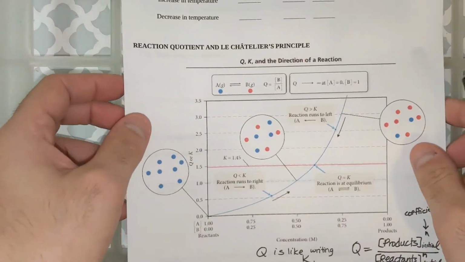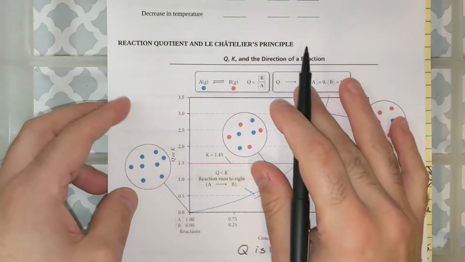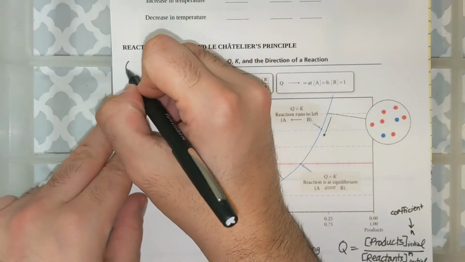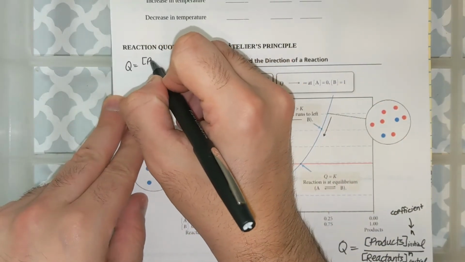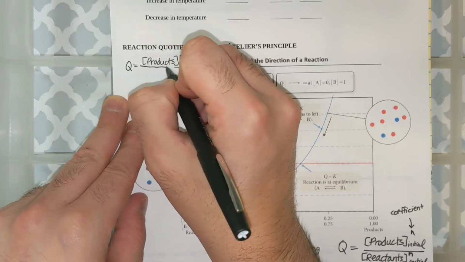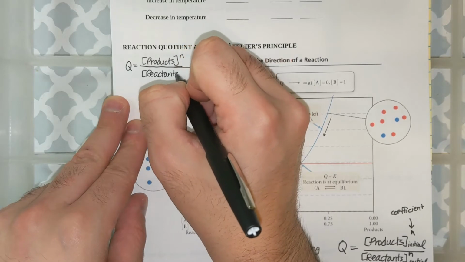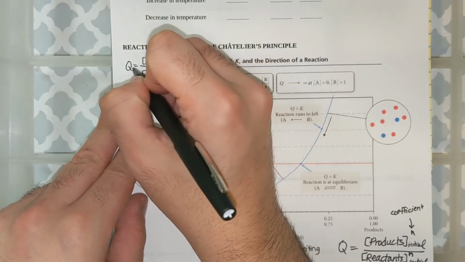There's this graph that I took directly from your textbook, and I thought it was a beautiful interpretation of comparing Q versus K. So I want to remind you what Q is. Q is a reaction quotient, which is the concentration of products raised to their coefficients over the concentration of reactants raised to their coefficients.